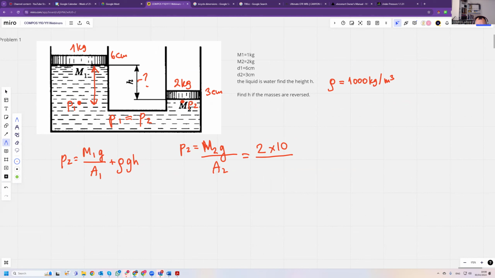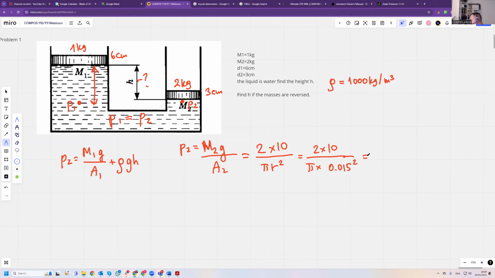A2 is the area of this, so it's pi r squared, which is 2 times 10 divided by pi multiplied by r, which is 3 centimeters. 3 centimeters is the diameter, so r is 1.5, but it's centimeters and we need meters, so it's 0.015 squared.